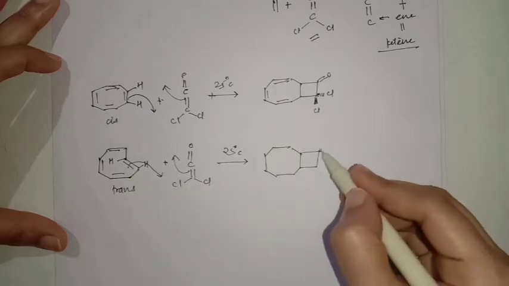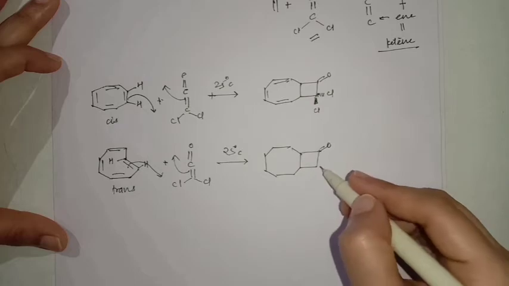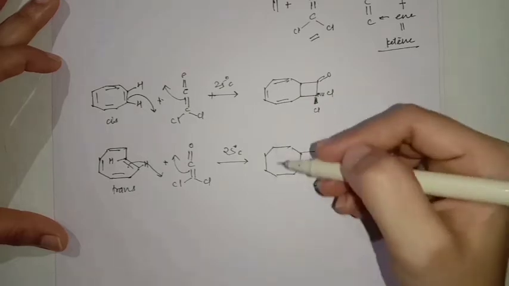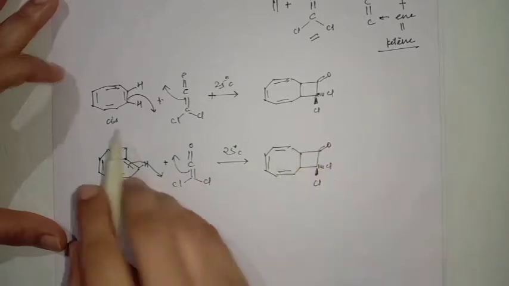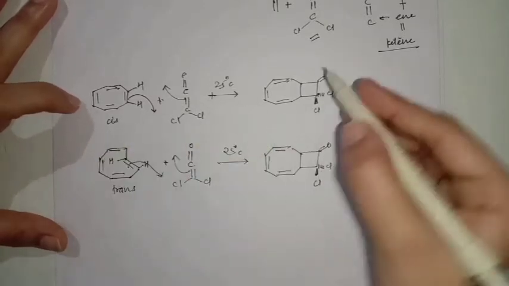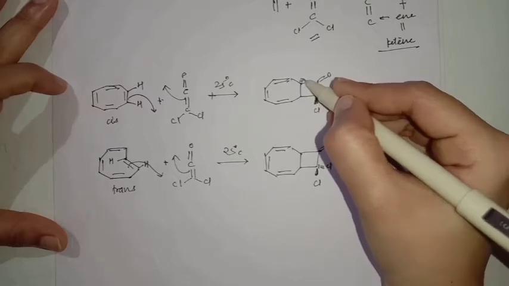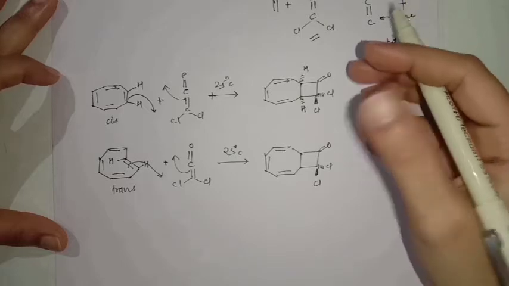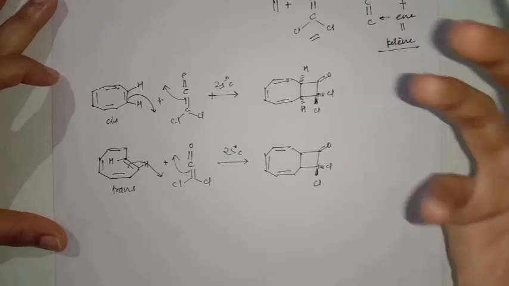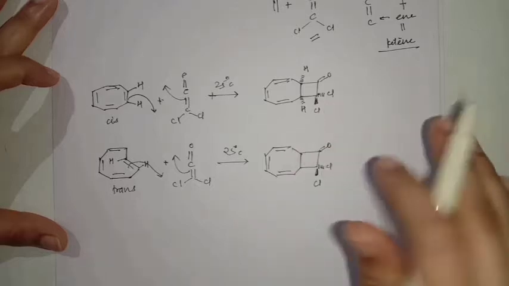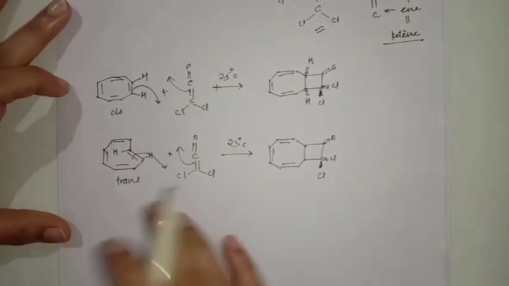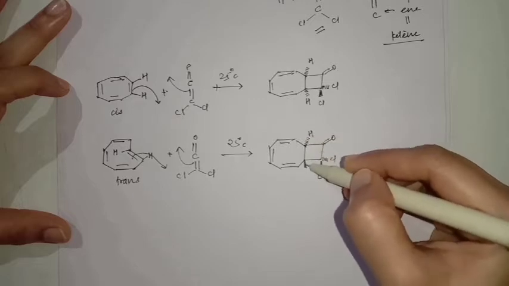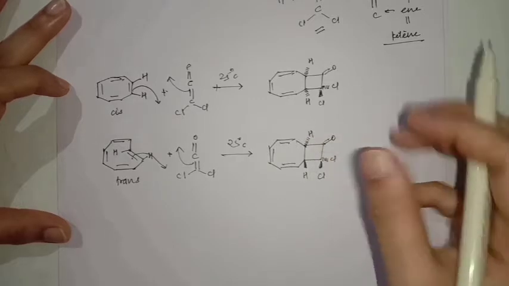So the cyclic compound is there and the remaining structure is as it is, but one difference between these two is that in case of the cis cyclooctatetraene, both hydrogens are on the same side, maybe below the plane, or you can show it above the plane, then the other structure will change somewhat. Then in case of the trans, you can see if one hydrogen is below the plane, then the second hydrogen will be above the plane, as they are in a trans position.